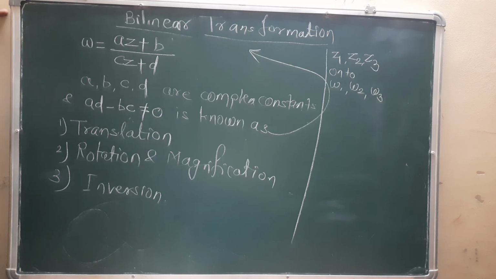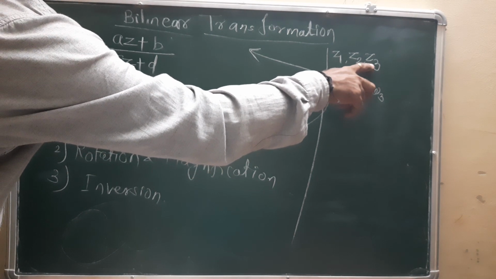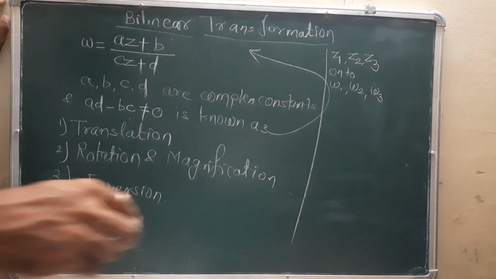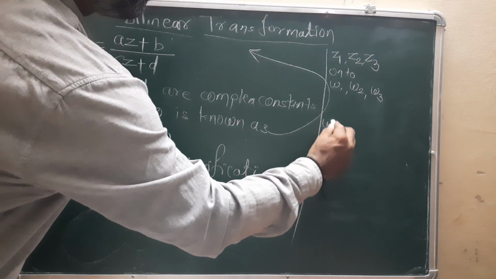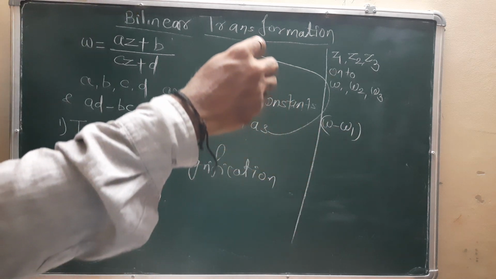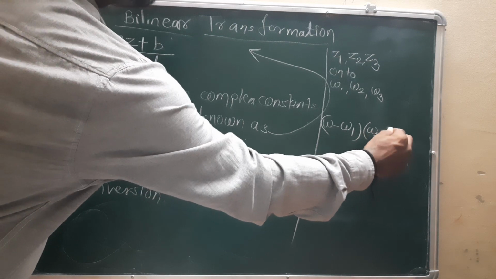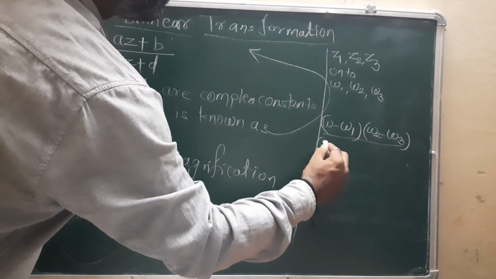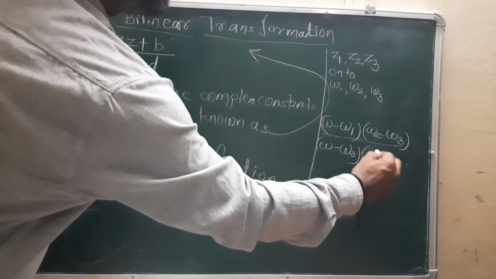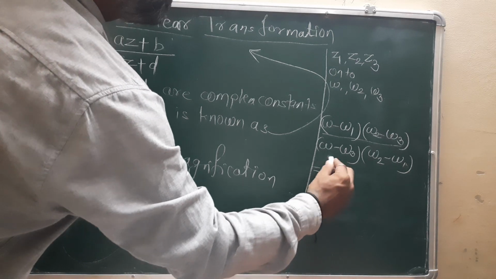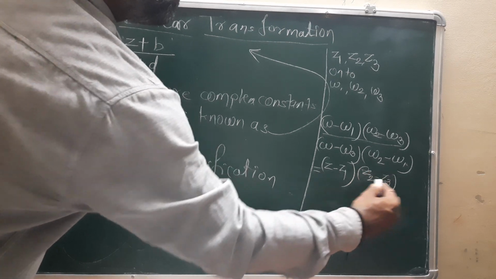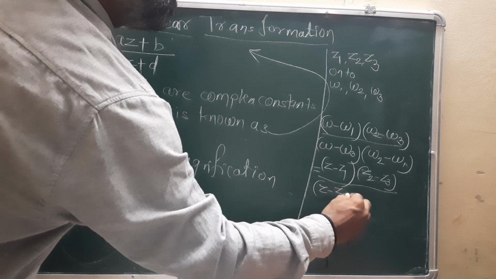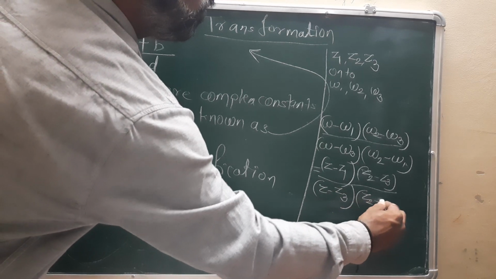So bilinear transformation can be uniquely determined if it maps 3 distinct points Z1, Z2, Z3 onto W1, W2, W3 points by using this cross ratio formula: W minus W1, W2 minus W3 upon W minus W3, W2 minus W1, which is equal to Z minus Z1, Z2 minus Z3 upon Z minus Z3, Z2 minus Z1.